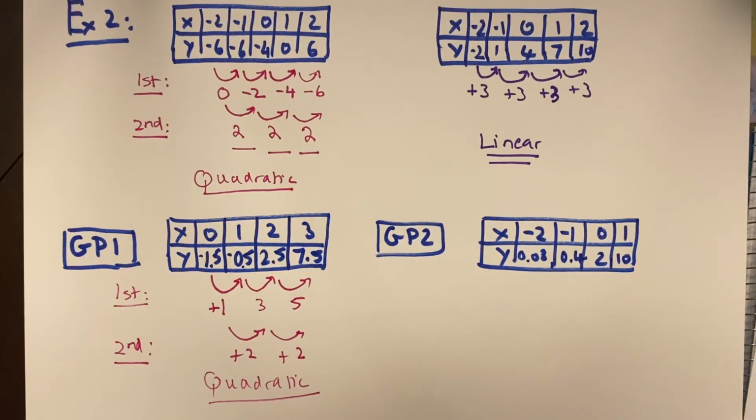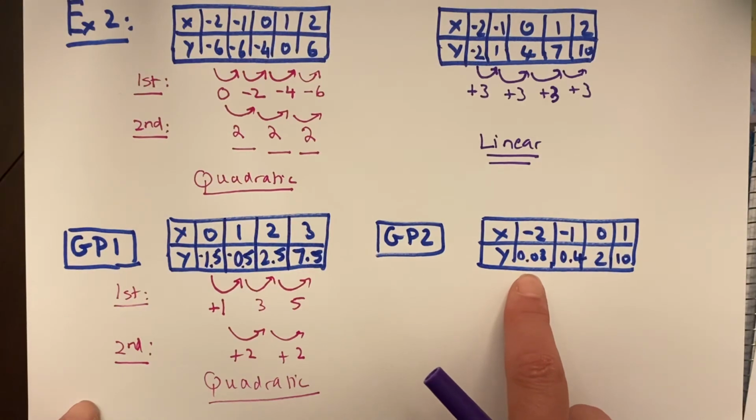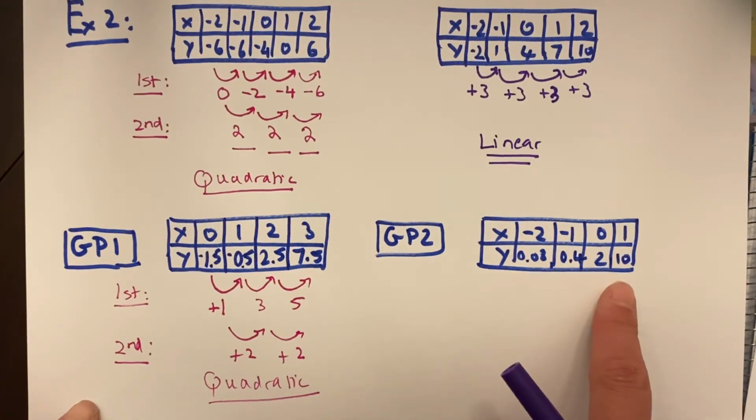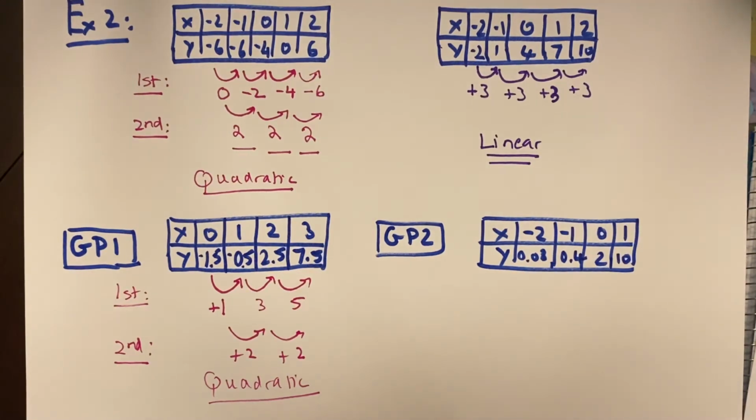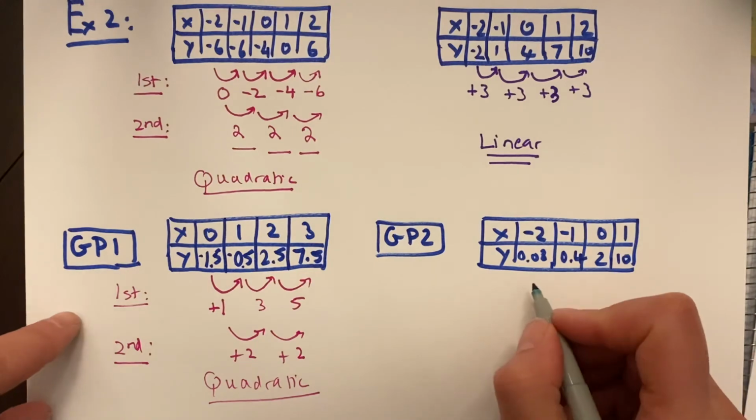So we can go through the process and rule everything out, but if I were in class and paused and asked you right now, I am almost sure you would say it's exponential because you're going from 0.08, very small value on the y, to a very high value of 10. But we do have to prove it. So let's see.